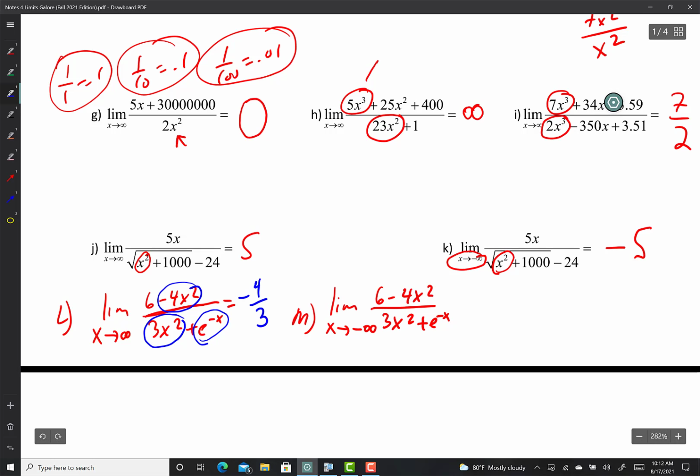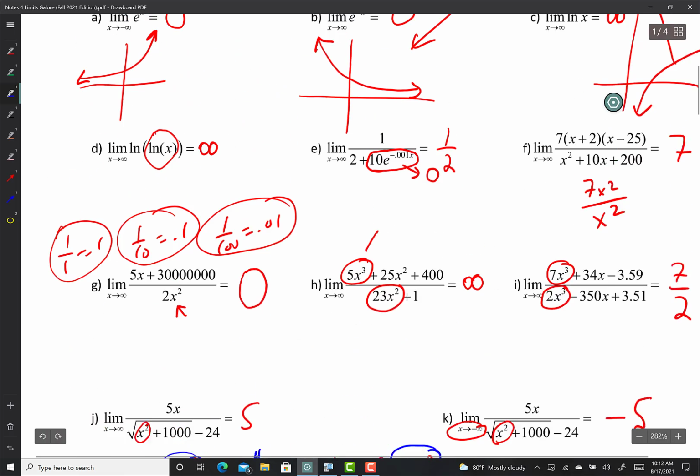Now be careful. Look at letter M. I'm not approaching positive infinity. Now I'm approaching negative infinity. So now my ocean and spit are different. In the numerator, it's still the same, still negative 4x squared. But now, which one is growing faster? The x squared or the e to the negative x? E to the negative x.